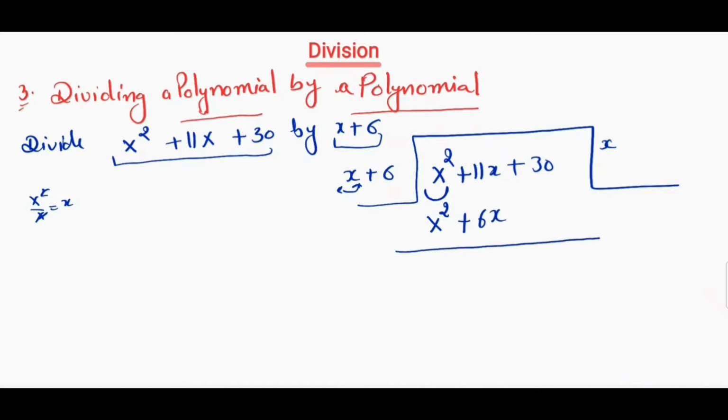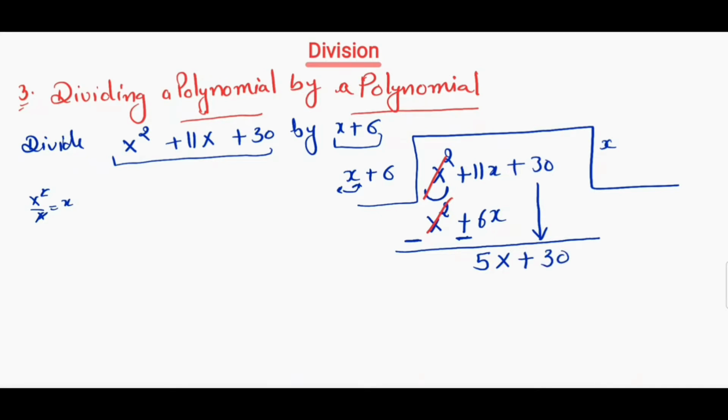After that I have to subtract everything. So I'll put a minus sign here, and negative sign will come here also. First x square minus x square, they will get cancelled. Here 11x minus 6x will become 5x. After that I will write this 30 with its sign, plus 30.